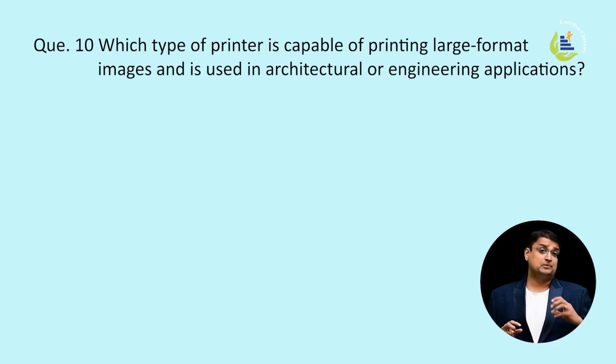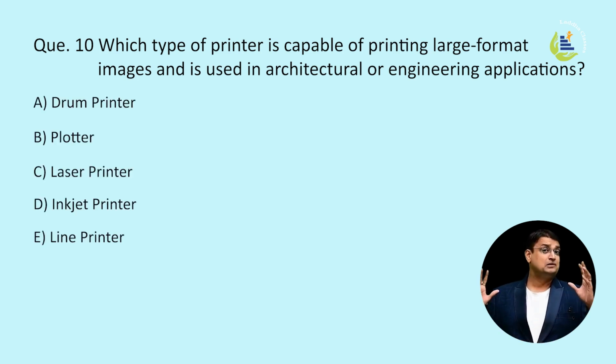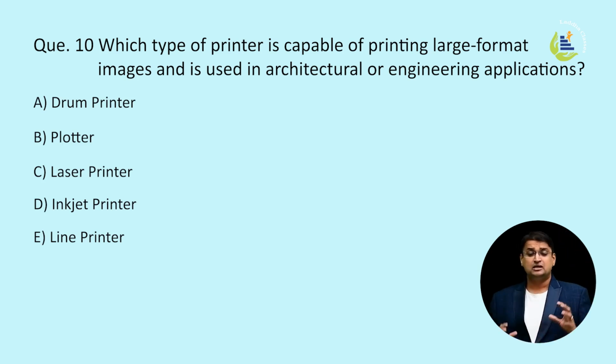Question 10. Which type of printer is capable of printing large format images and is used in architectural or engineering applications? Options are drum printer, plotter, laser printer, inkjet printer, line printer.